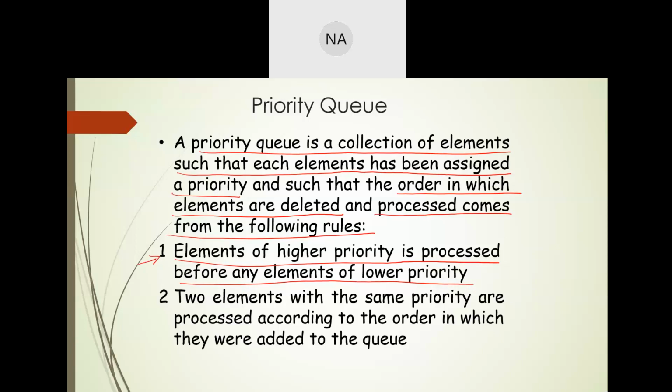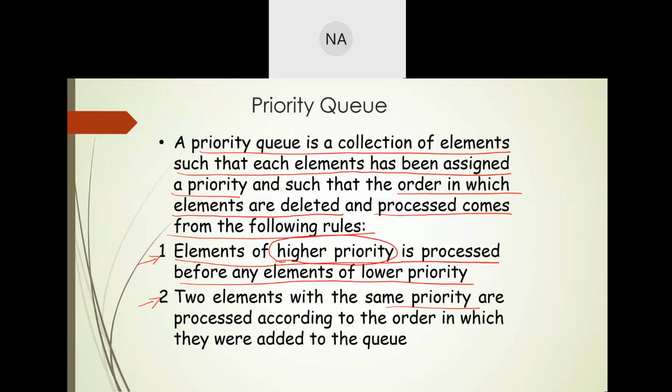So when you go to delete an element from the priority queue, you will delete the element with the highest priority. And if there is a clash over priority, that is, if two elements have the same priority, then those two elements are treated in FIFO order, first in first out. That is, the element which has arrived first will be processed first.